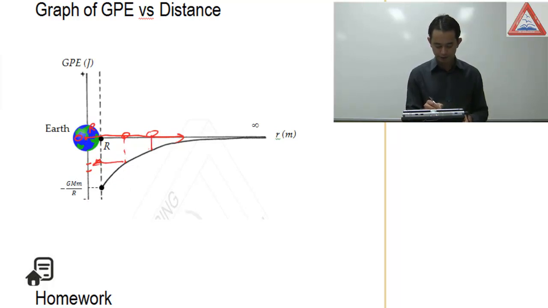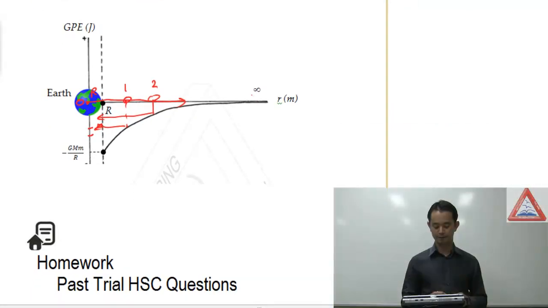Let's call this point 1, point 2. Can you see point 1 will have a smaller GPE than point 2 because the altitude is not as high as point 2. Now, if I keep on moving from point 1 to point 2 and then all the way to infinity, if we can get to infinity, then the value of GPE of that object shall be 0 as we dictated.